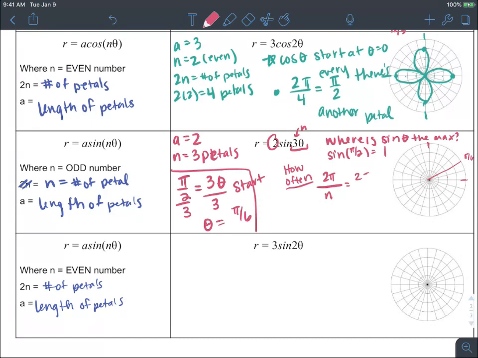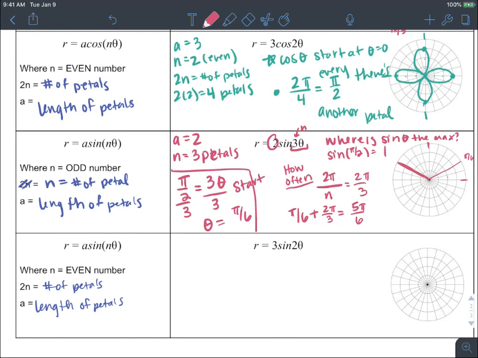So every 120 degrees. So from pi over 6, I'm going to have to add 2 pi over 3, which is times 2, so 5 pi over 6. So that's right here.